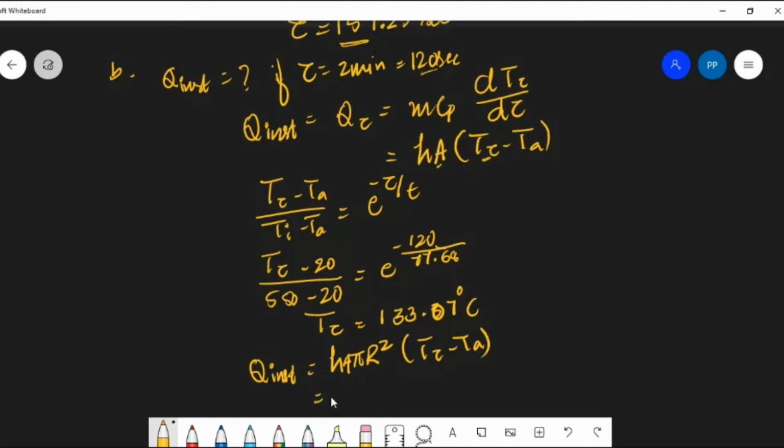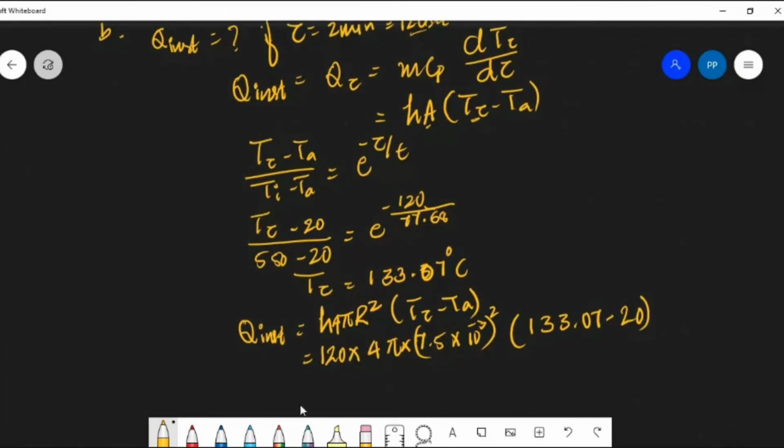So now h is 120 multiplied by 4 pi multiplied by radius, which is 7.5 into 10 to the power of minus 3, whole squared, into 133.07 minus 20 degree Celsius.